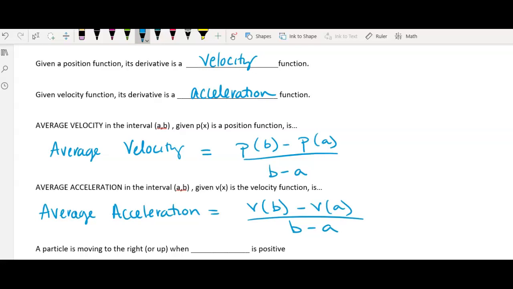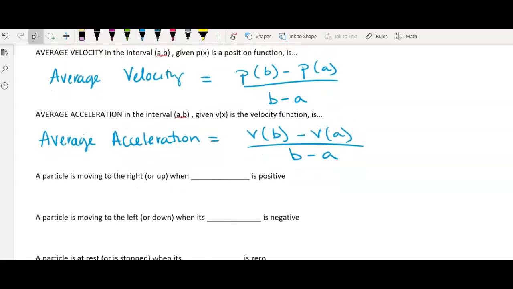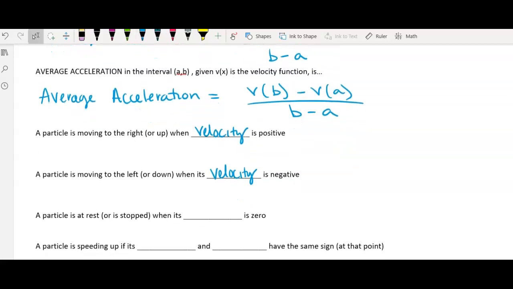Average acceleration is the slope of velocity. A particle is moving to the right or up when velocity is positive. A particle is moving to the left or down when its velocity is negative. A particle is stopped or at rest when its velocity is 0.